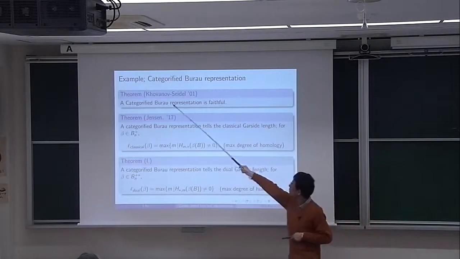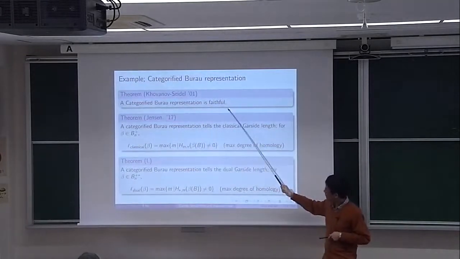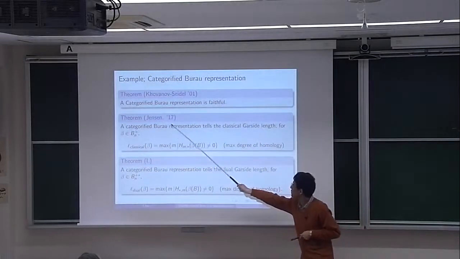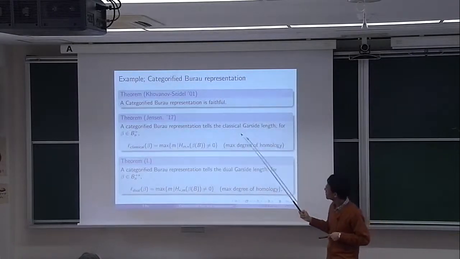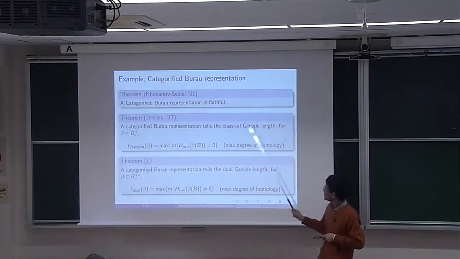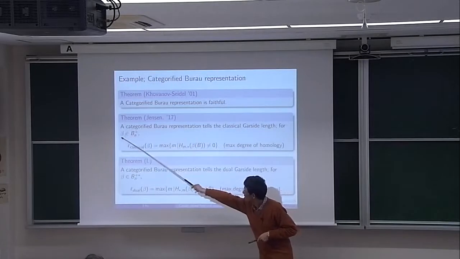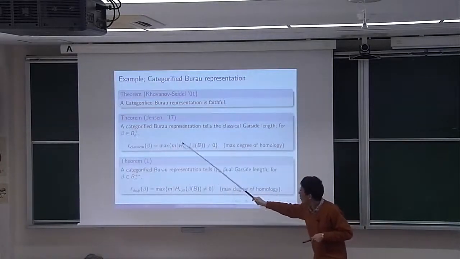A theorem of Khovanov and Seidel says that the categorified Burau representation is faithful. Recently, I noticed that this categorified Burau representation actually tells the Garside length. To state the result simply, in the case of a positive braid, the classical Garside length is the maximal homological degree.